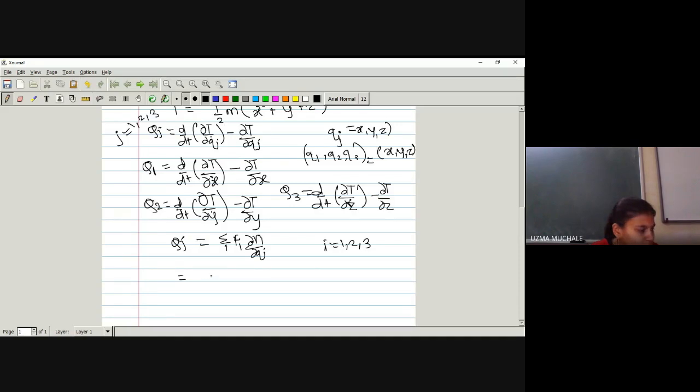So I can write this component of force as Fx i plus Fy j plus Fz k. And what about this term? I will write this dou by dou qj of, what is the value of ri we have? It is nothing but x i plus y j plus z k.